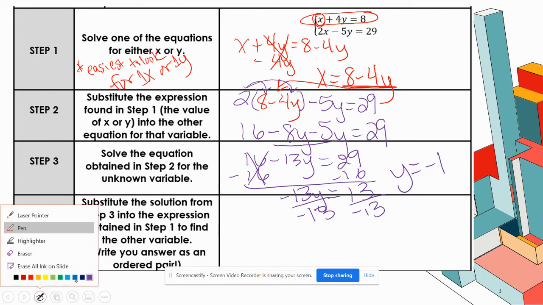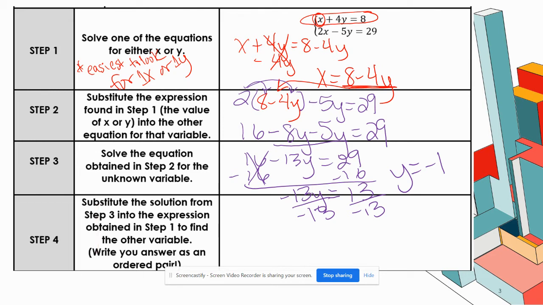Now I can take that answer and go back up and plug it in for y to find out what x is. So I can plug it into this y in the first original equation, this y in the second original equation, or I can plug it in for this y. It doesn't really matter. We'll all get to x in some way, shape, or form. I like to use this last one because we've already got x alone.